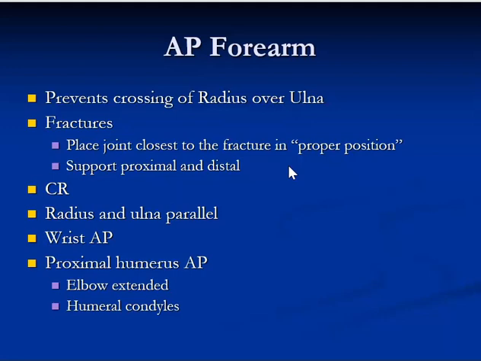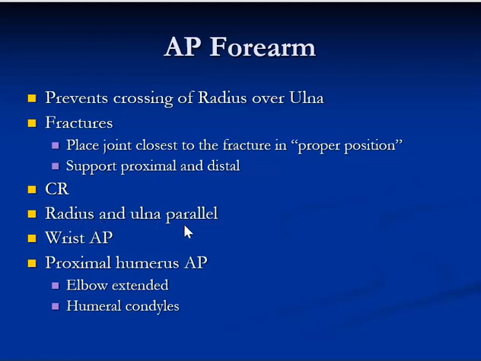So if it looks like they got a proximal forearm fracture, get the elbow in true AP. If it looks like they've got a distal forearm fracture, try to get the distal forearm and the wrist in the AP projection. So anytime they've got a fracture, especially a mid-shaft fracture, make sure that you support proximal and distal. Central ray is going to be right to the center of the anatomy.